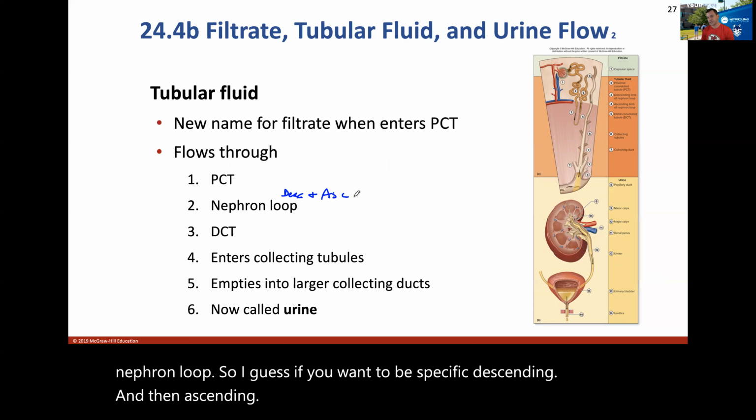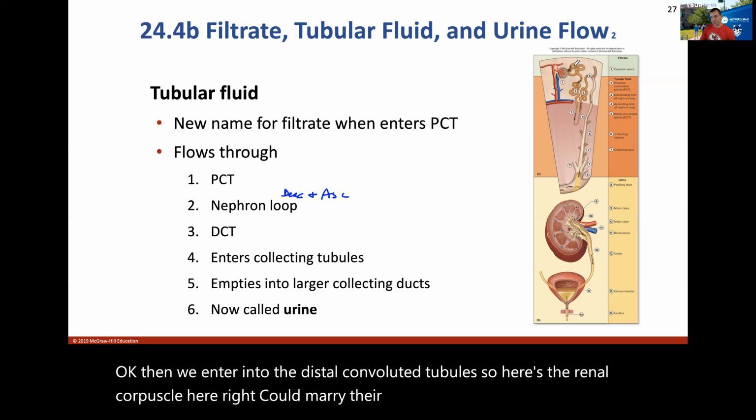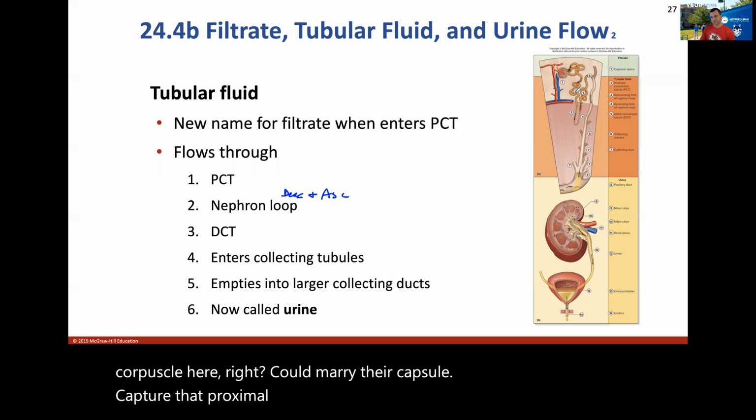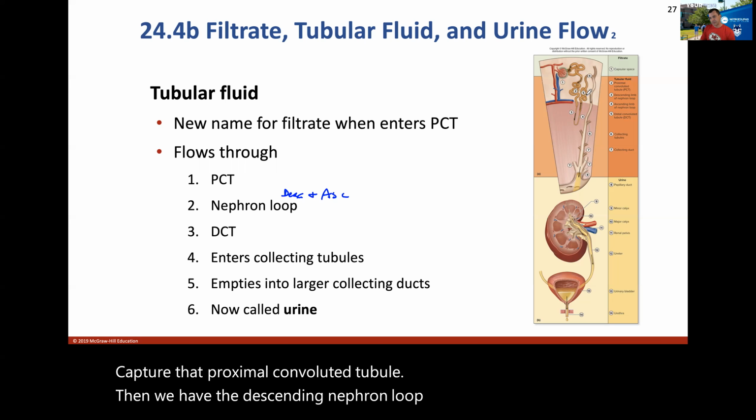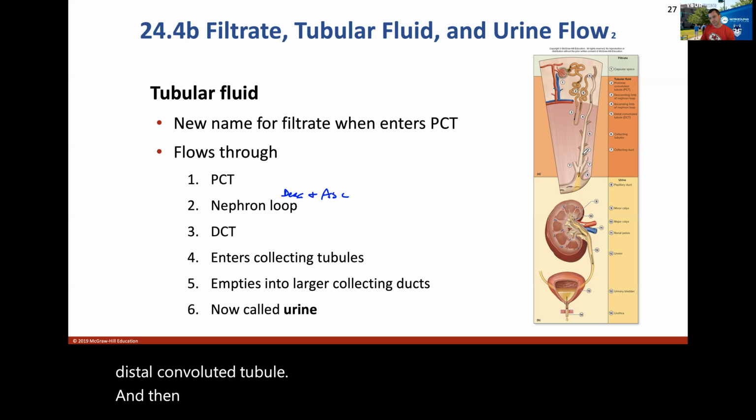Then we enter into the distal convoluted tubule. So here's the renal corpuscle here, right? Glomerular capsule captures it, proximal convoluted tubule. Then we have the descending nephron loop, ascending nephron loop, distal convoluted tubule, and then the collecting duct.